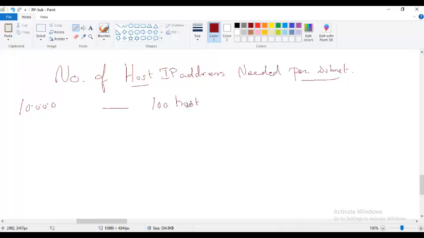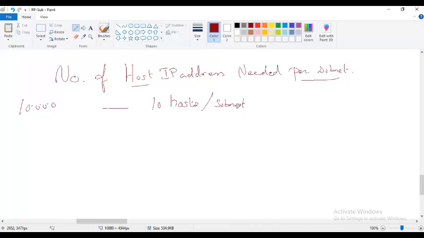Let's do something simple, then we will get into 100. Host per subnet is 10, let's say. Meaning I need 10 IP addresses from each subnet. Only 10 IP addresses. How can we do this?